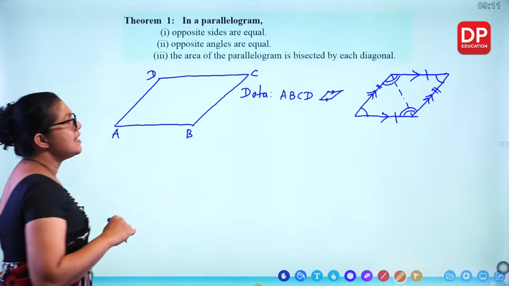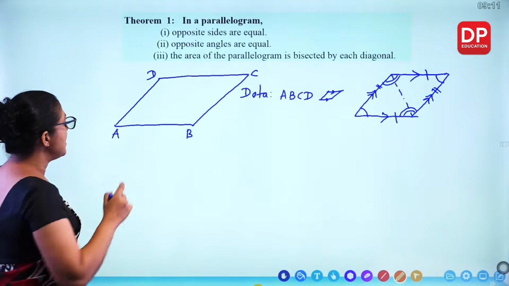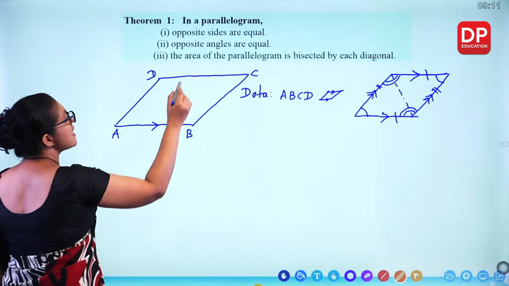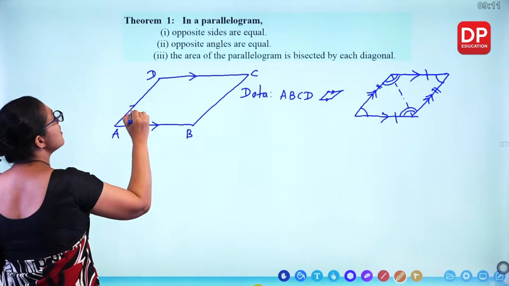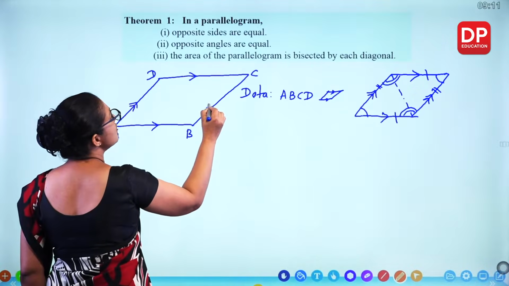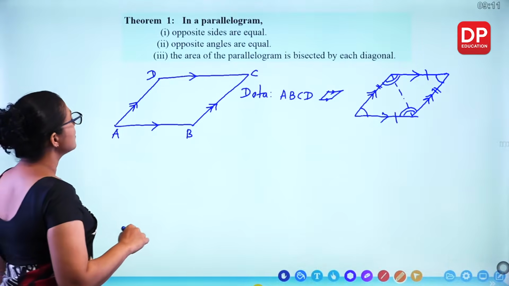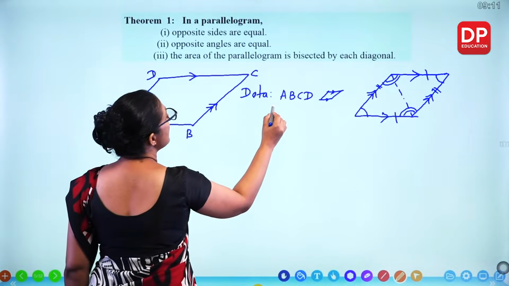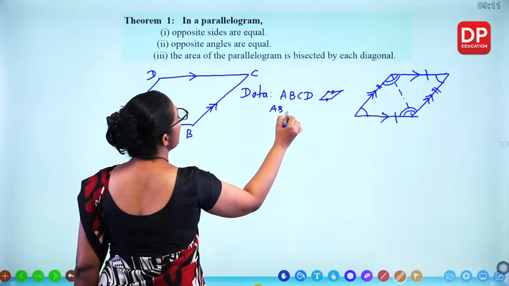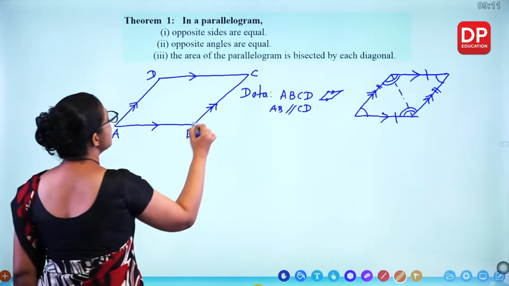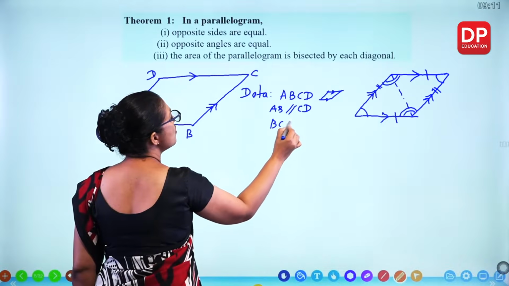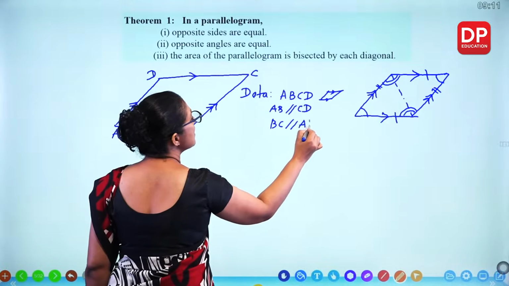So ABCD is a parallelogram. That means opposite sides are parallel. I know this line is parallel to this one, this line parallel to this one. So I can write AB parallel to CD and BC parallel to AD.